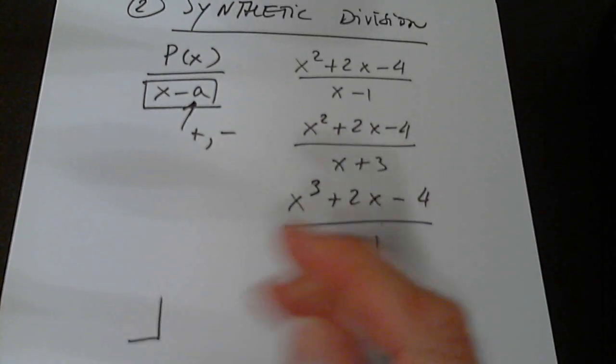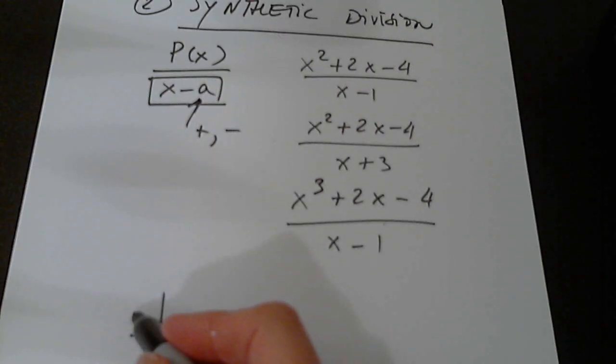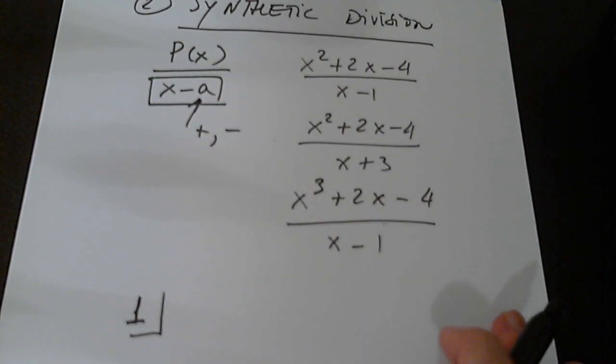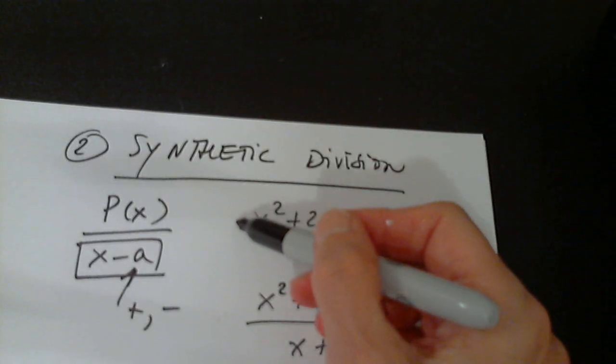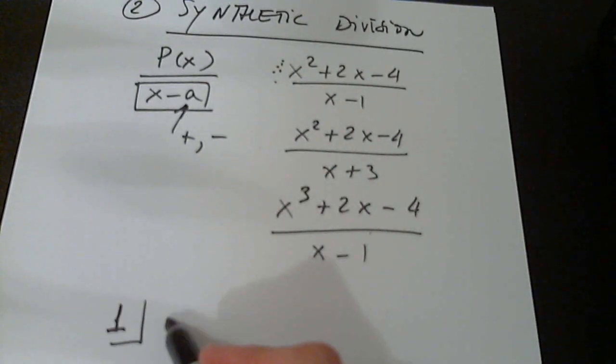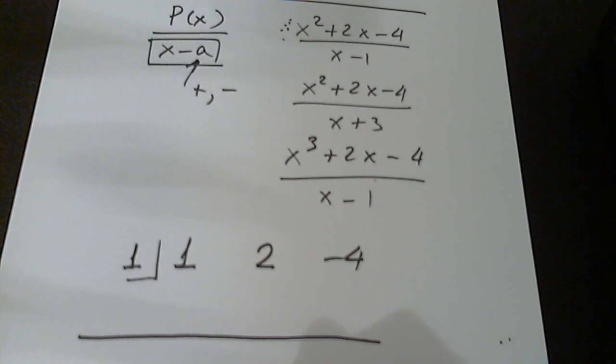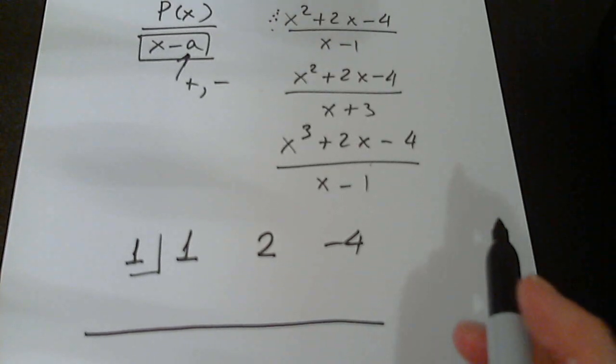So in the box, if I have x minus 1, in the box I write 1. Then the coefficients are 1, 2, and negative 4. No missing. 1, 2, negative 4. I leave some room. I draw a horizontal line.